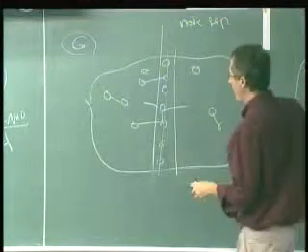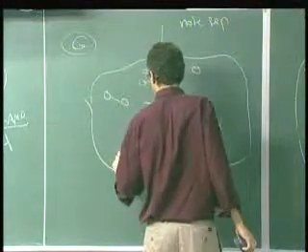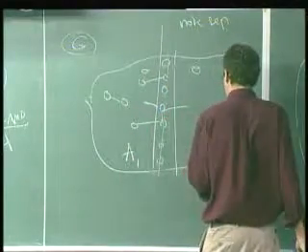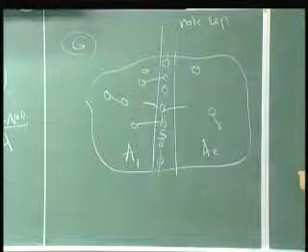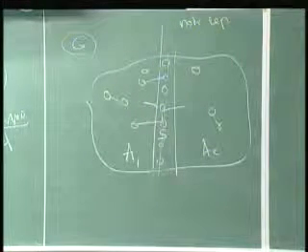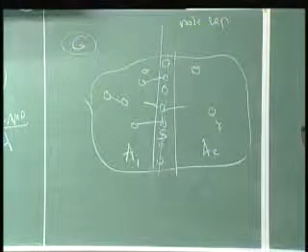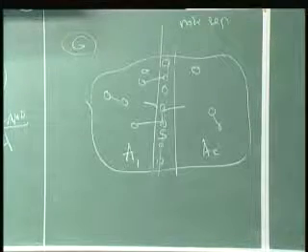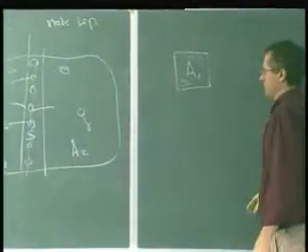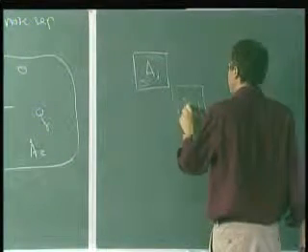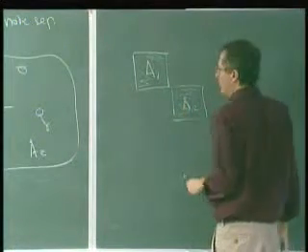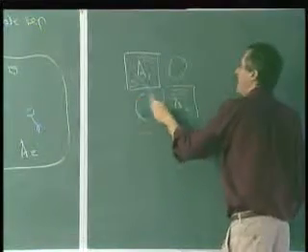And how is this useful? Well, if I call this component A1 and this A2, and I call this separator S, and I order A1 first, then A1 is some kind of arbitrary structure. If I put A2 next, then A2 has edges within itself, but there are no edges between A1 and A2.